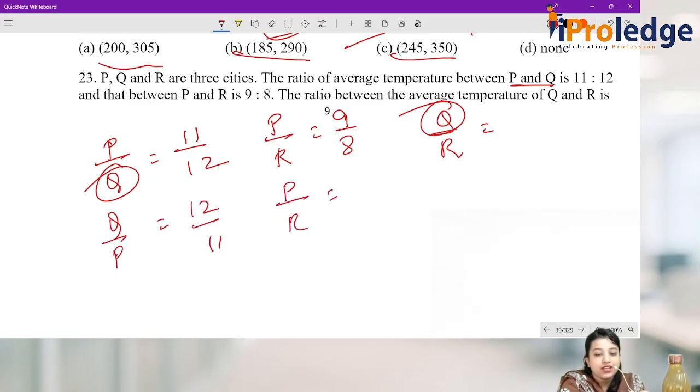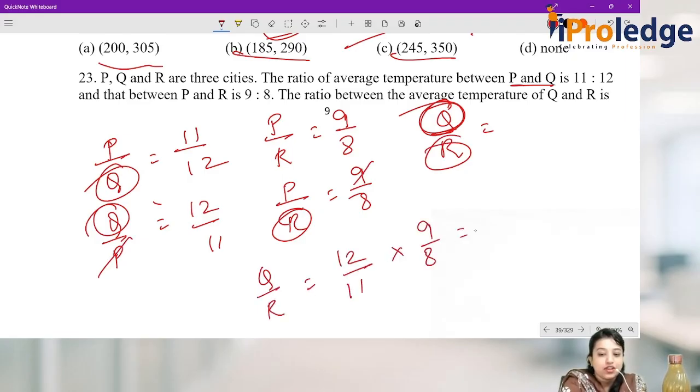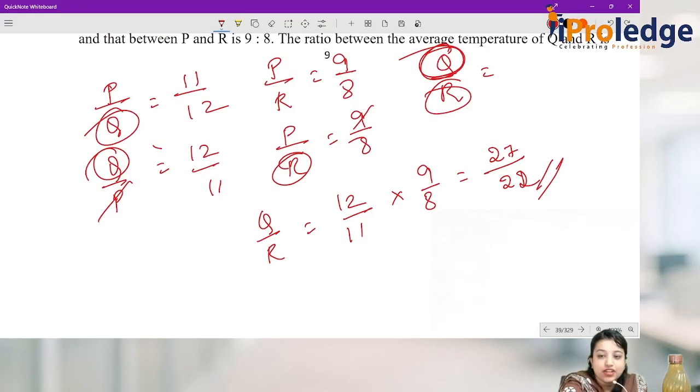P by R equals 9 by 8. So now we have Q in the numerator and R in the denominator. Just multiply, so P and P get cancelled. Q by R equals 12 by 11 into 9 by 8, which is equal to 27 by 22. You can reduce it or else match with the decimals.